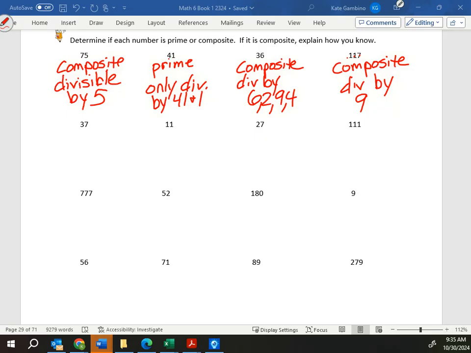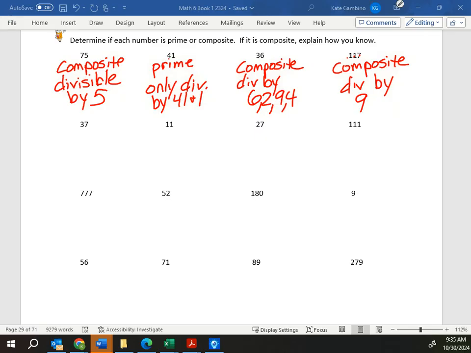I stick with the 1 through 10 divisibility rules, but if you know 13 times what would give us 117, I'm not sure off the top of my head. I don't want to make myself do more work than I need to, so I'm just going to leave it at that.